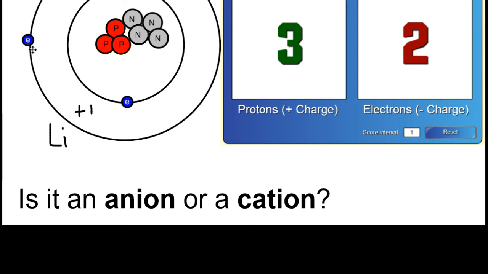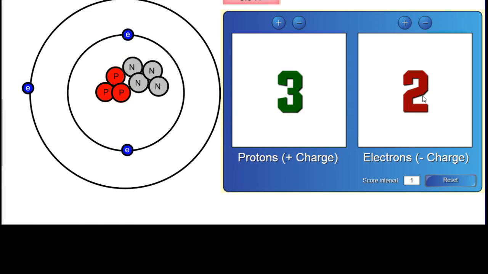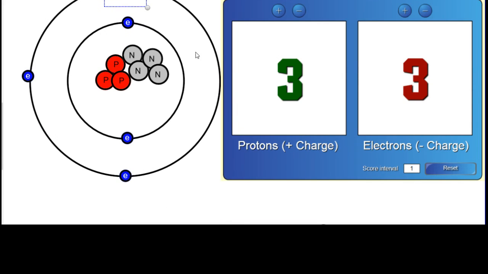So if we bring my electron back in, get rid of this, it balances again, so we're at 3 apiece. If I were to introduce a couple extra electrons, we have 5 electrons. Well, now we have an excess negative charge.